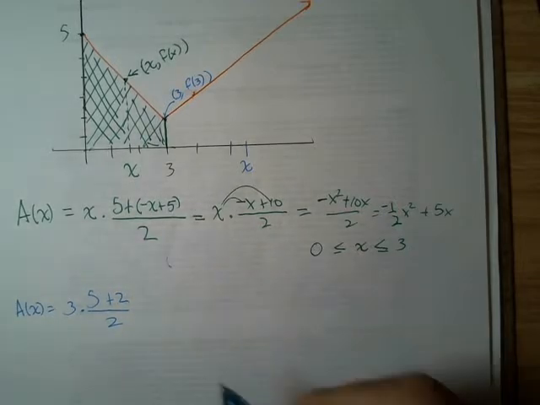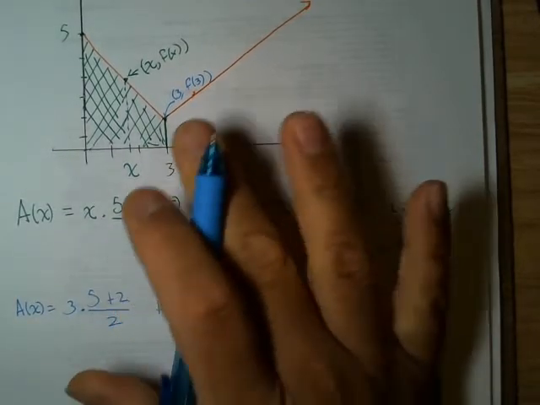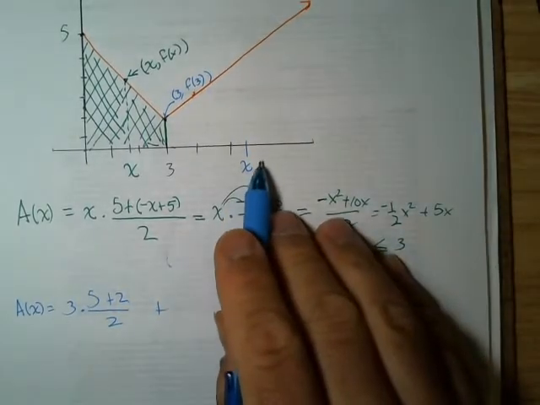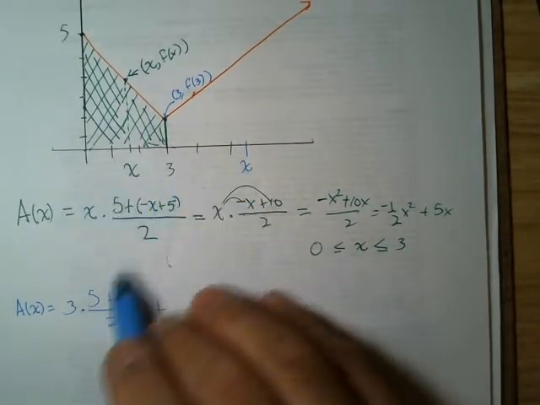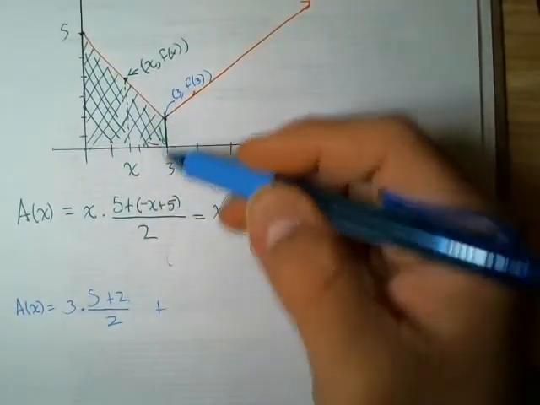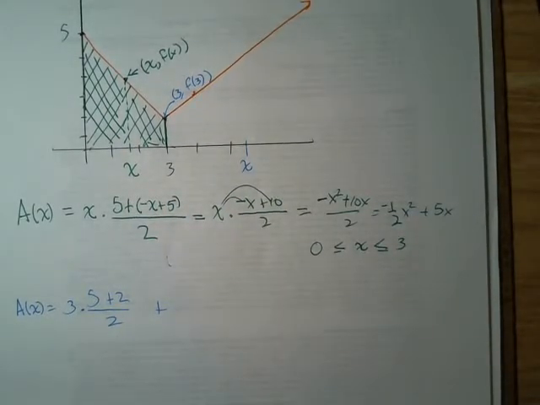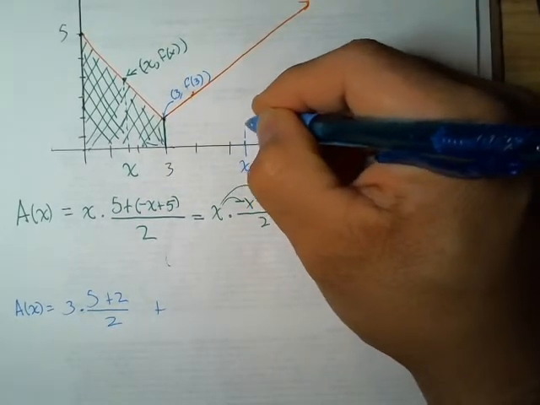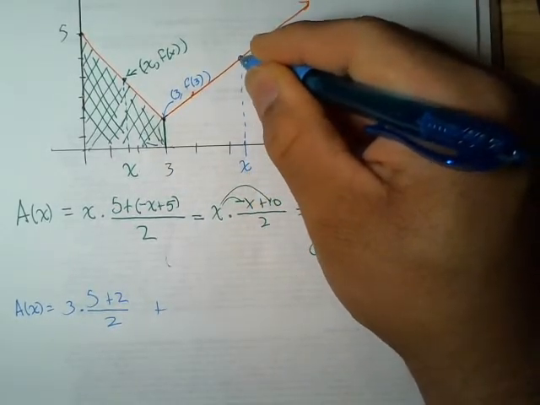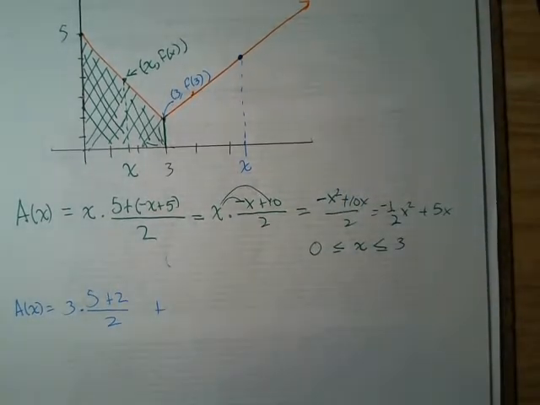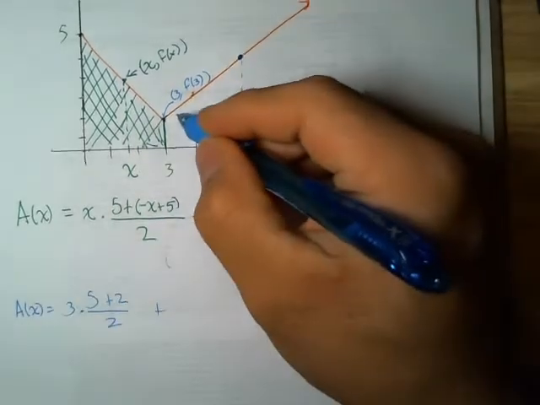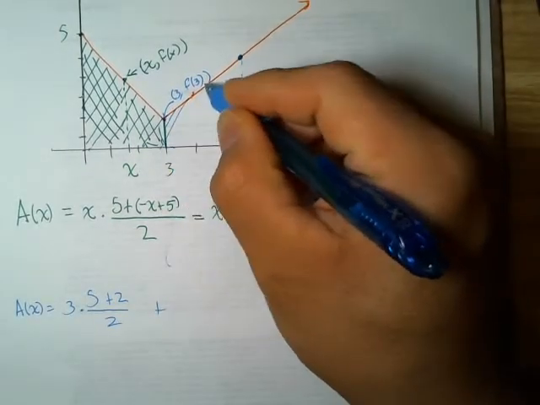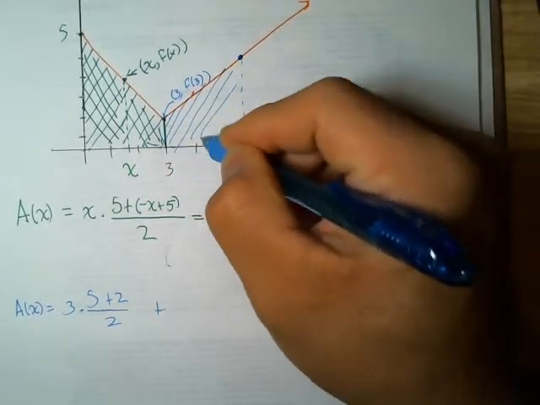So that is always going to be part of it. For any value out here, that's going to be height 3, base 1 plus base 2, divided by 2. That's always going to be part of my formula. What's going to change is this value for x here. So I'm going to add to that whatever this arbitrary value for x is going to be.